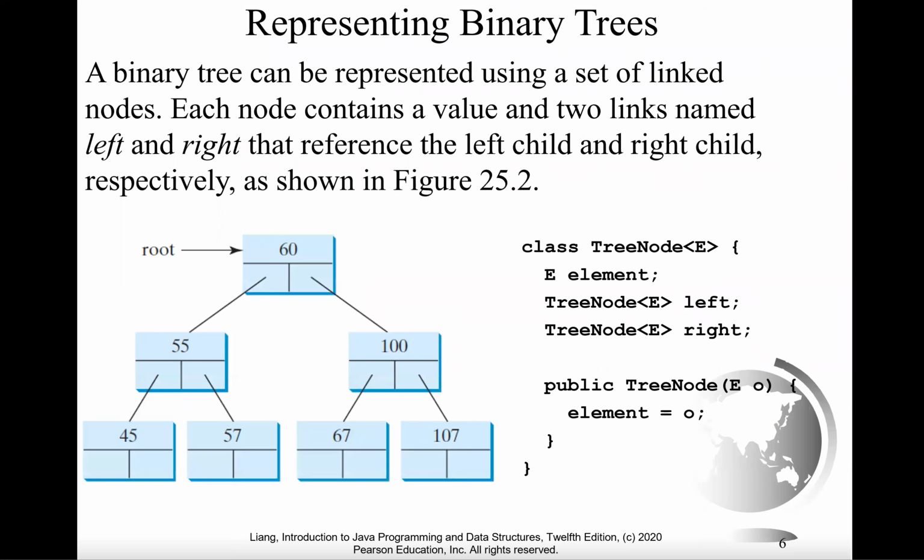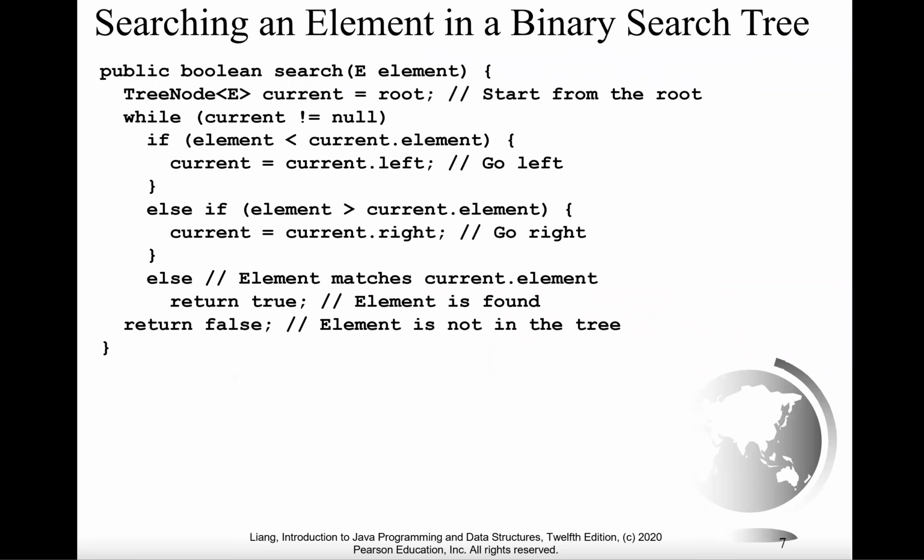Going back to this, how do you perform a search? You can write this code, search the element in the tree, starting from the root. Here is the current. While current not equal to null, we're going to look, comparing the element with the current.element.